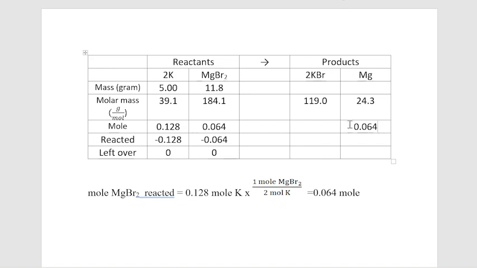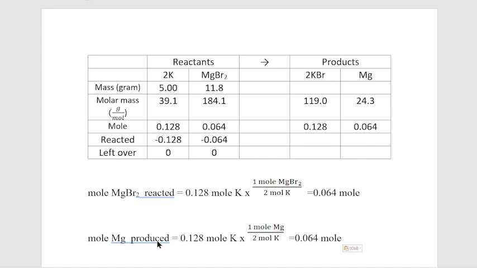And for this relationship, we could use either one, because they're both 0 left over, they're both limiting, and this will be 0.128 moles of potassium, because 2 potassiums to 2 potassium bromides give exactly the same number of moles. If you use magnesium bromide, then you have to multiply this by 2 to get this number.